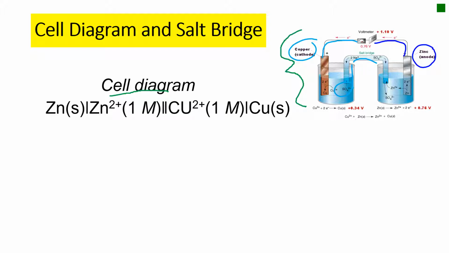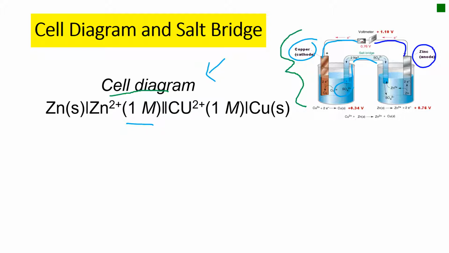The correct way to draw a diagram for the galvanic cell with the salt bridge is through the cell diagram. Using the previous situation as an example, it is zinc, then Zn2+, which is the anode, with the cathode separate. They are both separated, assuming that the concentrations of the copper and zinc ions are 1 molar.